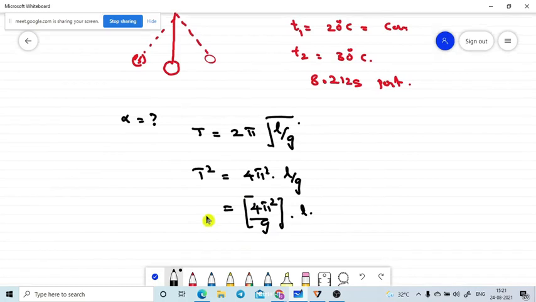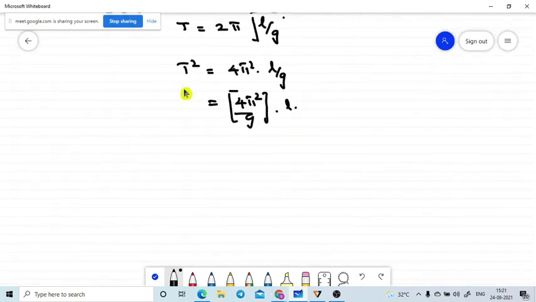Now if you do the partial differentiation, differentiating with respect to T, the 2 comes down, so 2T into delta T is equal to the constant times delta L.